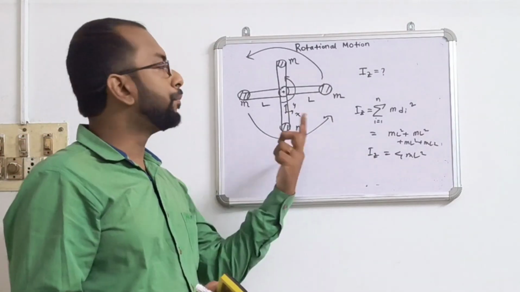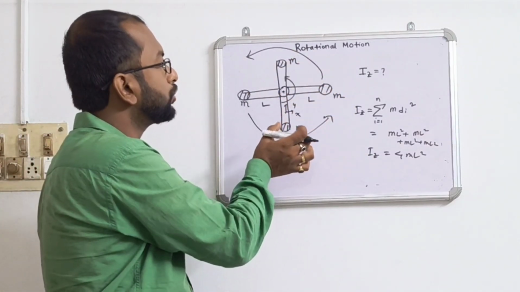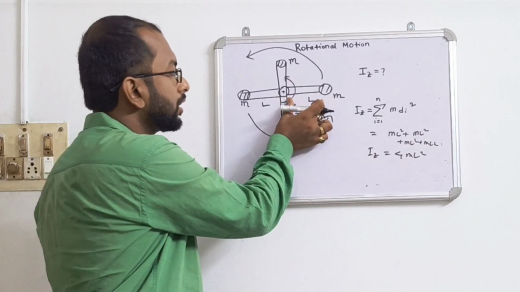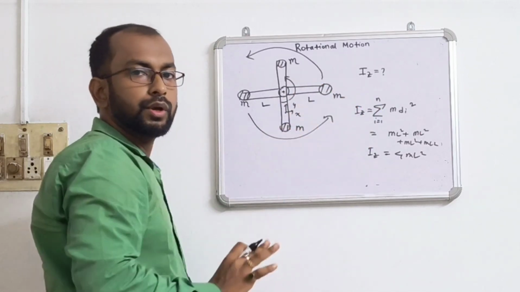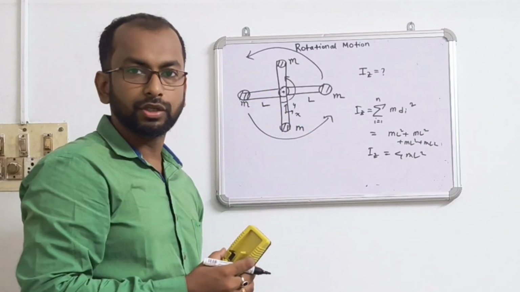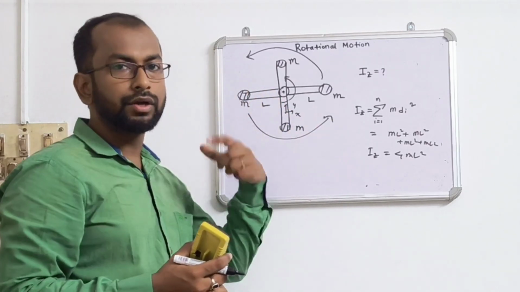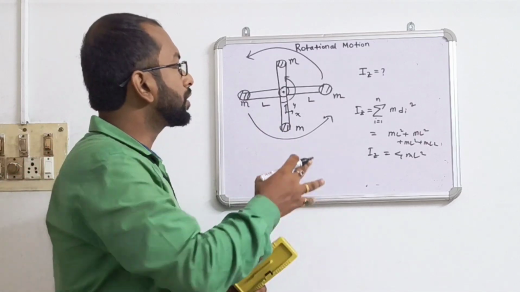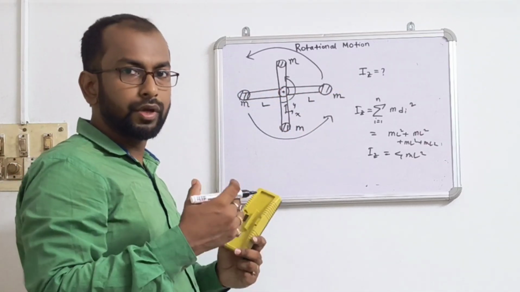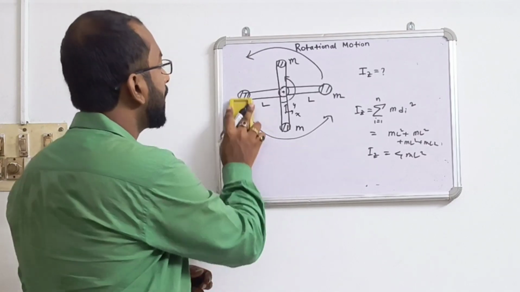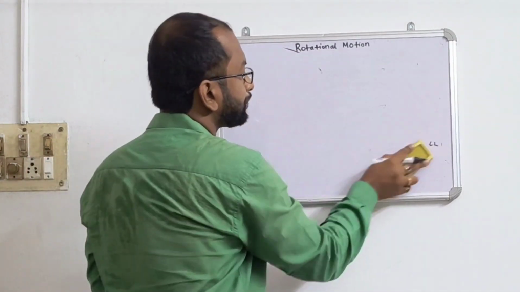Now this is all about point masses. All the masses are point masses, so you are easily able to find out what is the distance square, and you are just multiplying the mass with that distance square, then you are getting the moment of inertia. Now what happens to distributed masses? So in general, or in real life, we do not encounter this kind of scenarios. Often we encounter, suppose I am trying to rotate a rod of mass m.